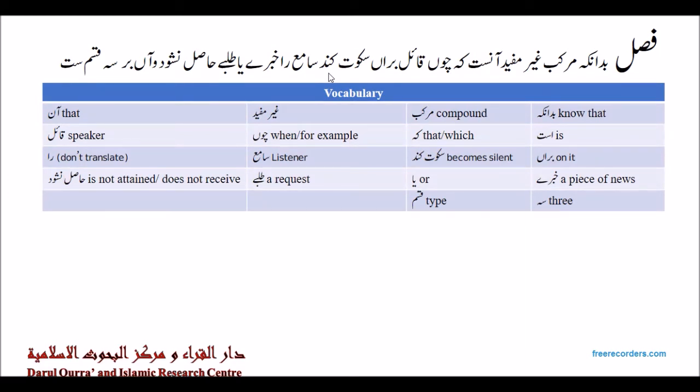Now this is a verb, and the masdar for this is sukut kardan. It's a compound verb, it's got two parts. The first part, sukut, is a noun, and kunad is the actual verb. Both put together make the compound verb.